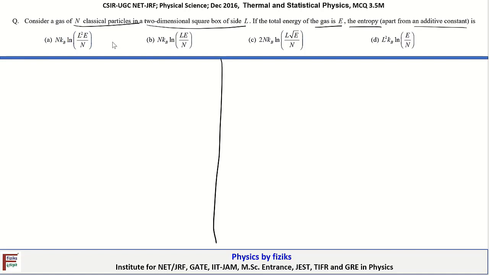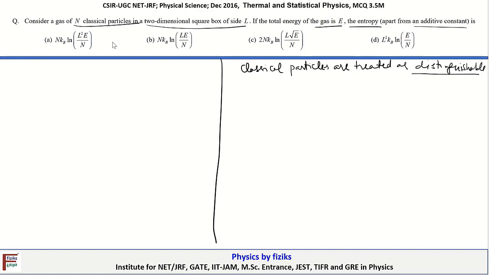So because the particles are given to be classical, classically the particles are treated as distinguishable. But later on, in principle, the particles are not distinguishable, they are indistinguishable. So therefore, to take into account the indistinguishability of the classical particles, we make a certain change in the calculation of the partition function.